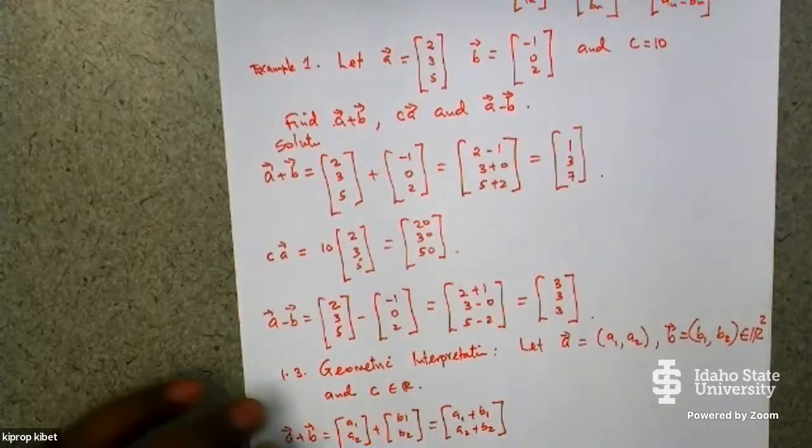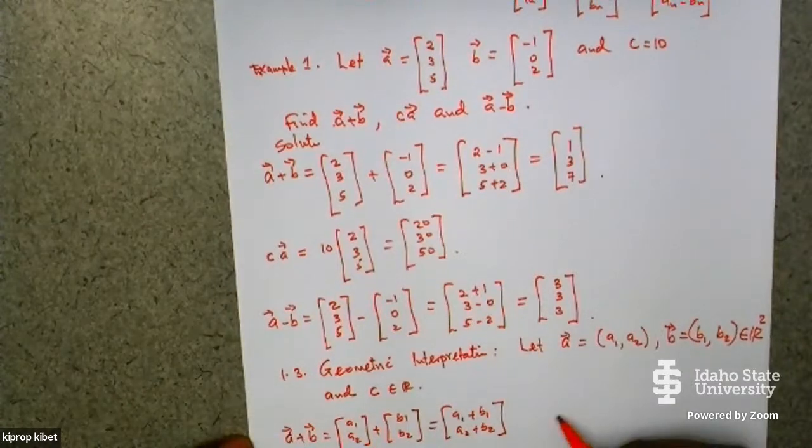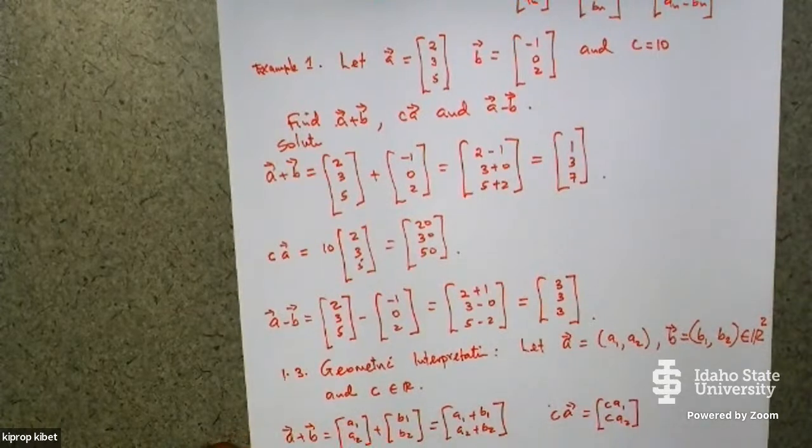Then if we multiply by the scalar, C by A, it is the same as CA1, CA2. Then if we subtract A minus B, it is similar to A1, A2 minus B1, B2, which is equal to A1 minus B1, A2 minus B2.